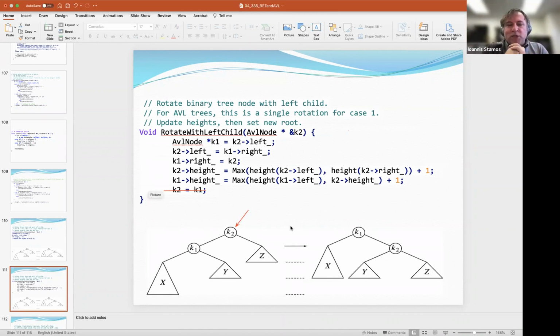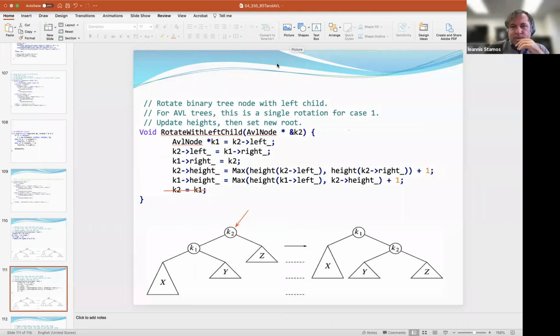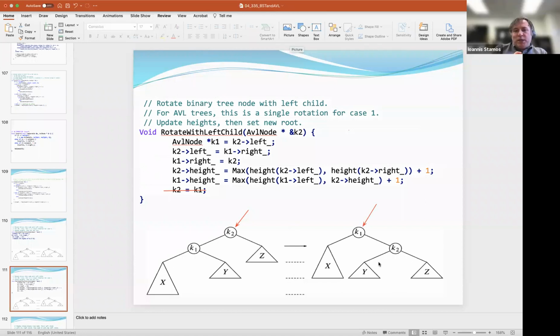There is a node that points to K2. Where should the node point now? K1. Right? The node that was pointing to K2 should now point to K1. Now, if you say K2 equals K1, what happens?